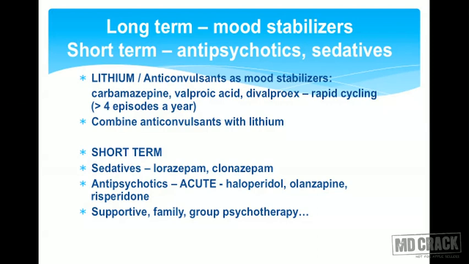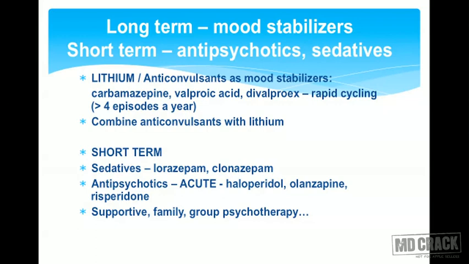As far as the mood stabilizers are concerned, lithium carbonate is an age-old mood stabilizer, and the newer mood stabilizers are mostly anticonvulsant drugs, which include carbamazepine, valproic acid, divalproex. These are especially useful in rapid cycling bipolar disorder, in which there may be more than 4 episodes in a year. Sometimes lithium is combined with anticonvulsant agents.